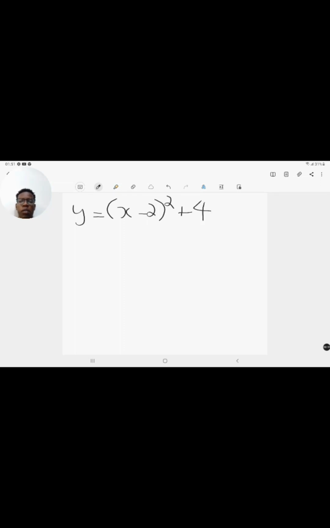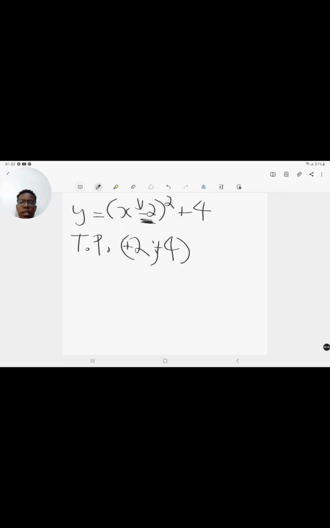You can immediately see that the turning point of this graph, based on my explanation, is that value, that's your x value, so it's going to be 2. Because the sign is negative here, you use a positive. So this is going to be positive 2, and this is going to be 4. Here you keep the sign, so that's going to be positive 4.